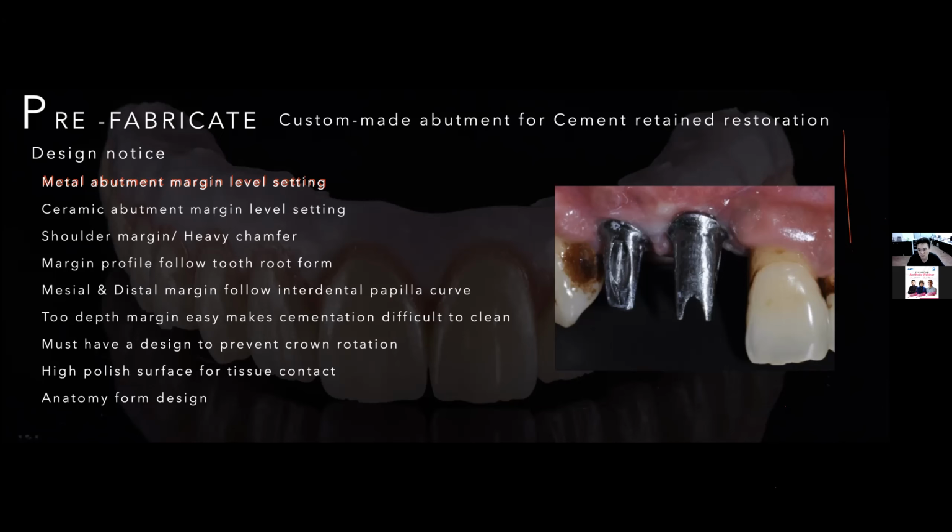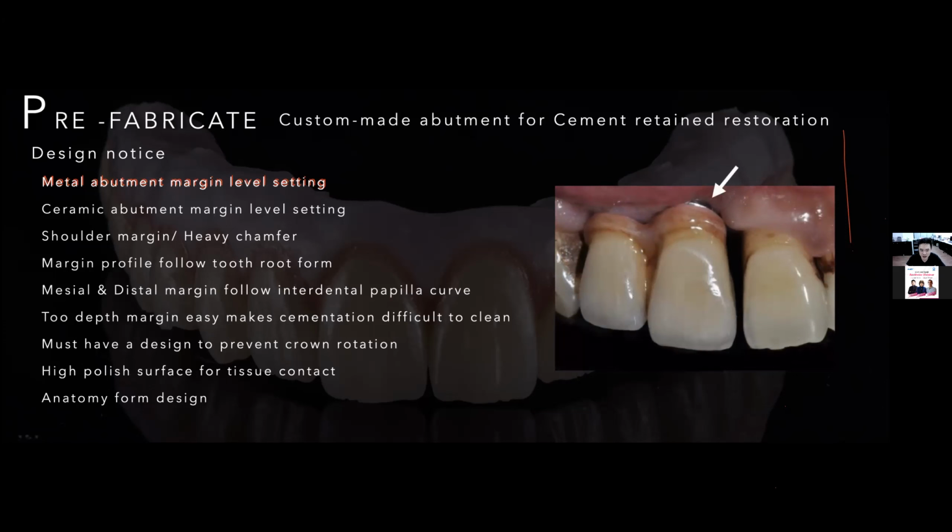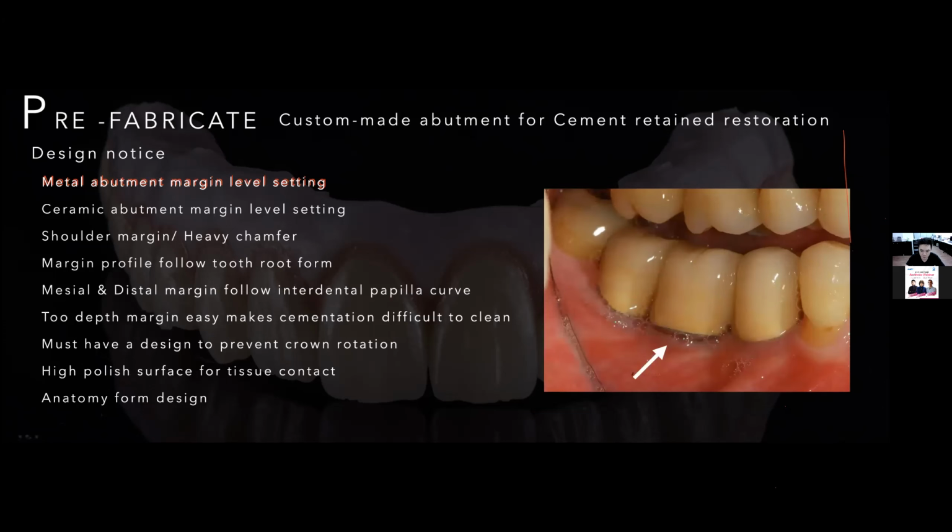So when you choose the metal cosmetic abutment, you must be very careful setting your margin level, because if your setting is a little wrong or even, maybe your margin will be exposed supra-tissue, and for the patient this is very ugly, maybe like this, or the posterior crown is also exposed, and that will trap food, which for the patient is not good oral hygiene and not easy to clean.